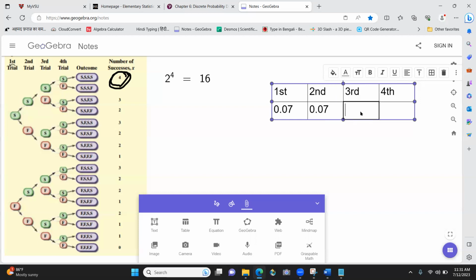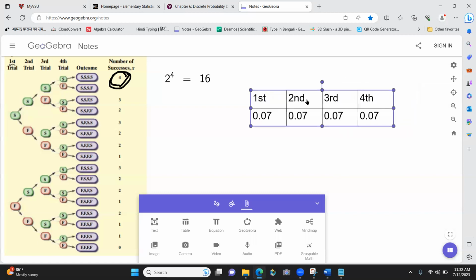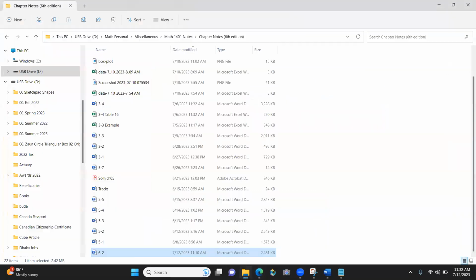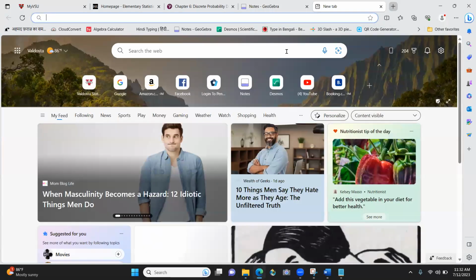The good news is you can simply multiply 0.07, and this is 0.07. Okay. Now, what's the probability that the first person is zero negative, the second is also zero negative, third is also zero negative, fourth is also zero negative. You multiply the probabilities because they are independent. That's one of the conditions.